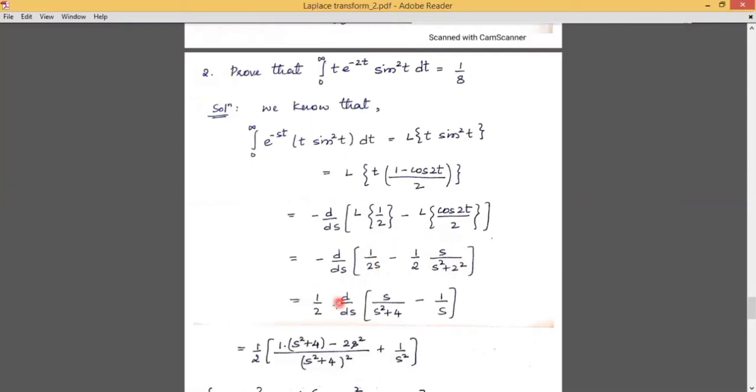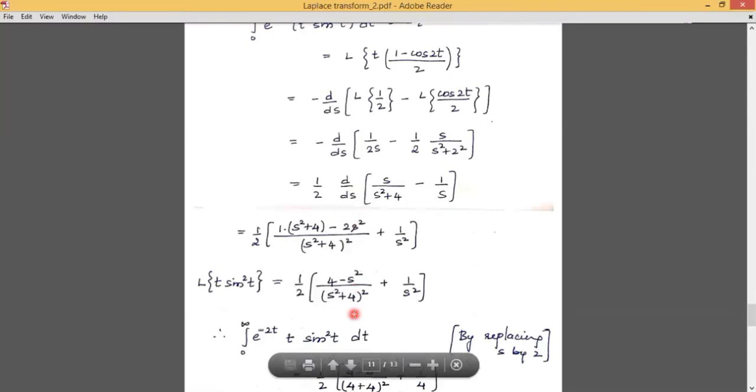Here in this step we have taken the half outside. So now differentiating this with respect to s, I have taken this minus inside.